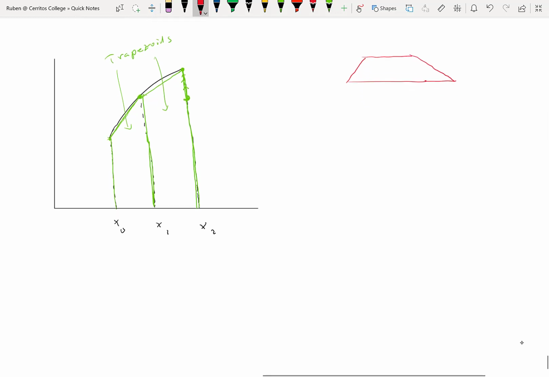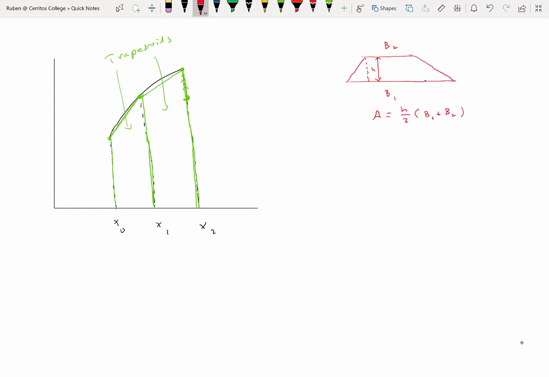A trapezoid has two bases, base 1 and base 2, and also a height h. So the area of a trapezoid is half the height times the sum of the two bases.